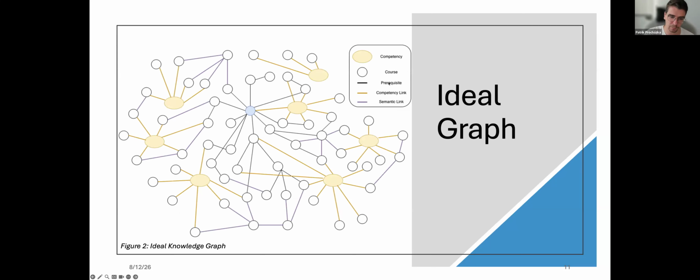I don't know how visible the colors are, but the black lines are the prerequisites. Orange lines are competency links between the courses and the competencies, and the purple ones are the semantic links that were missing in the real graph, and it should be enriched by the LLM to find these links based on the course data.